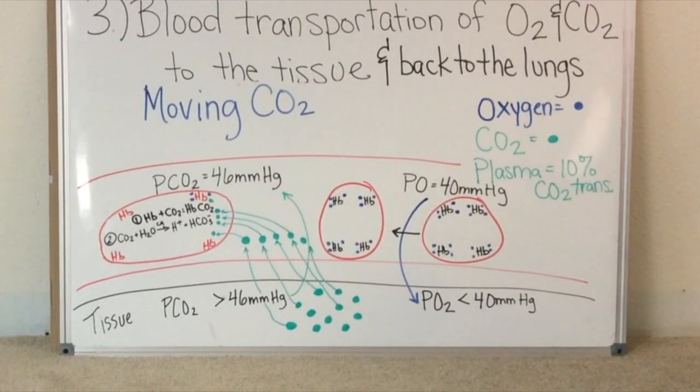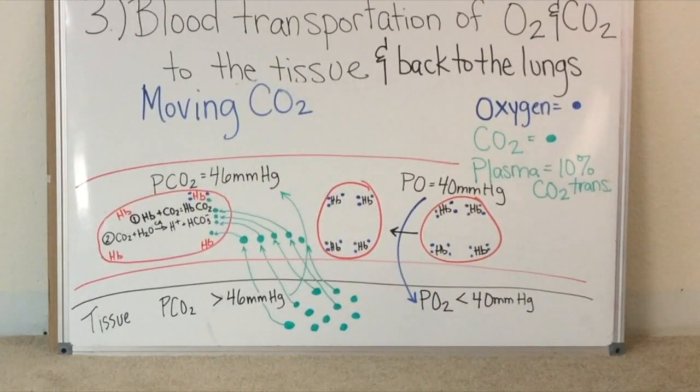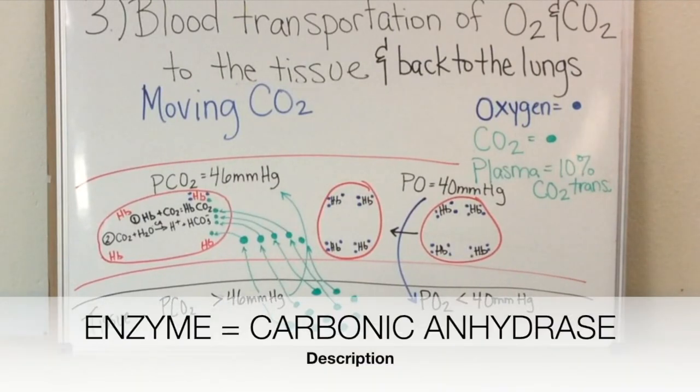The other 60% of our carbon dioxide is taken care of by our bicarbonate system. Carbon dioxide combines with water and, through a reaction catalyzed by carbonic anhydrase, reacts to form a hydrogen ion and a bicarbonate molecule.